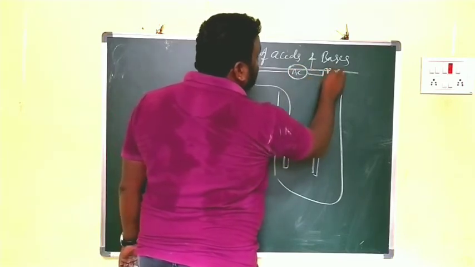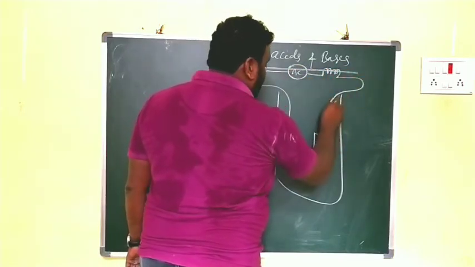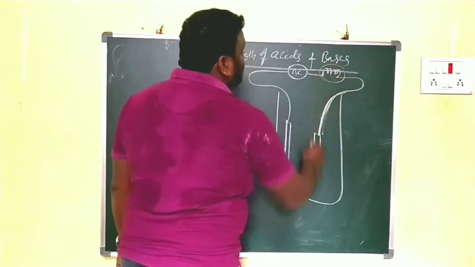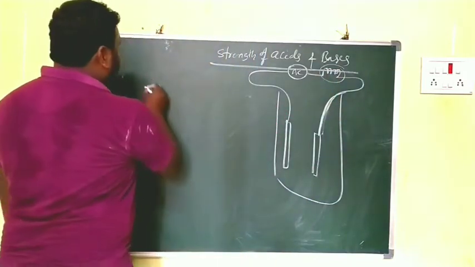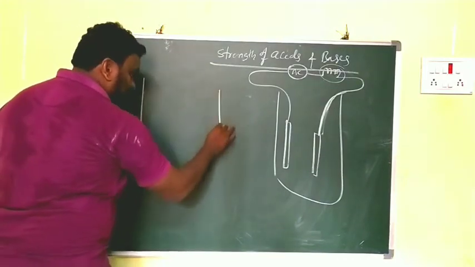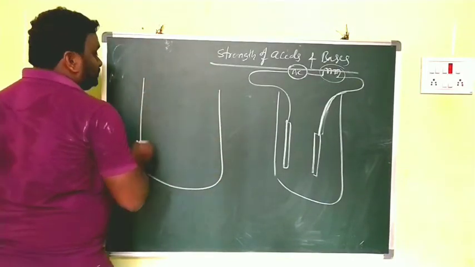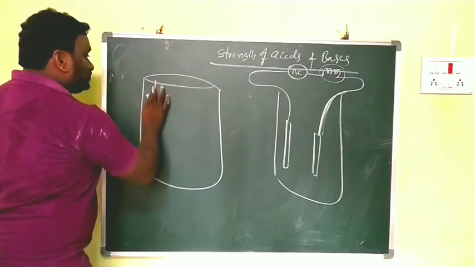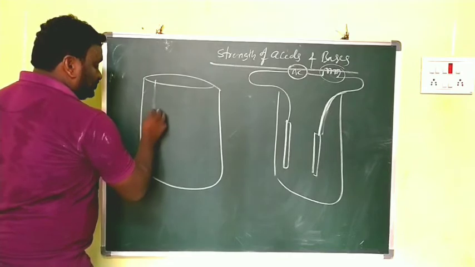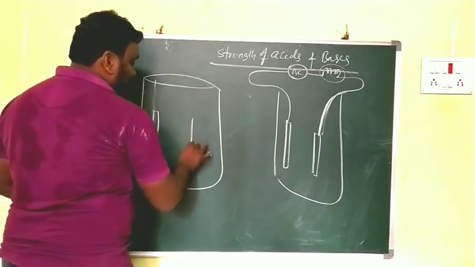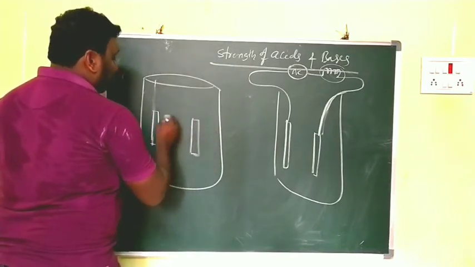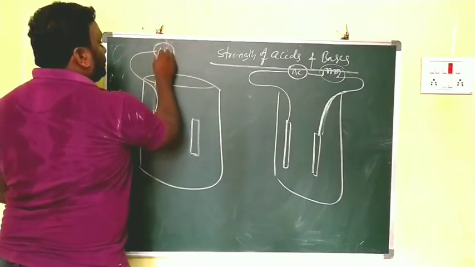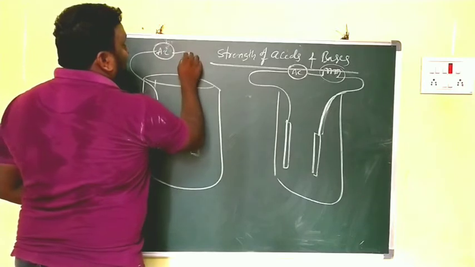From that, a bulb is connected, and that goes to the other graphite rod. This is the battery, and this is the bulb.